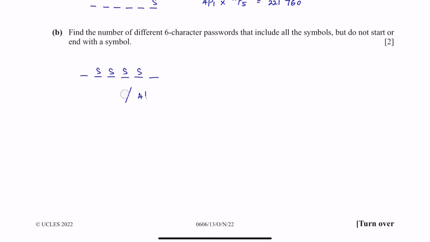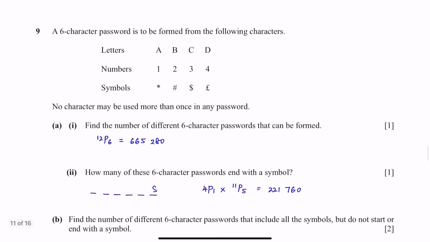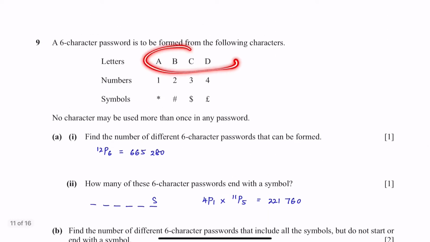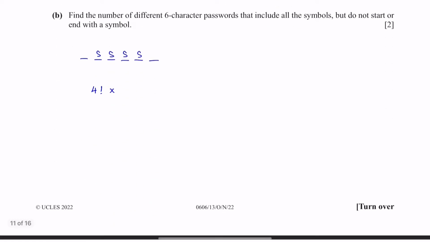So 4 factorial times... now we have 4 letters and 4 numbers to choose from. So we have 8 characters to choose from, and we need to choose 2 characters. So 8P2. 4 factorial times 8P2 would give us 1344.